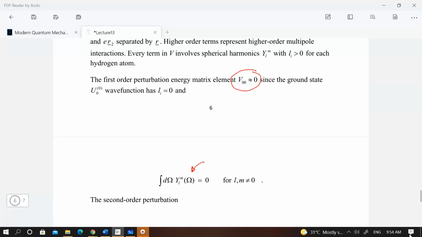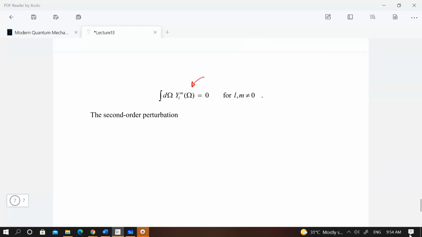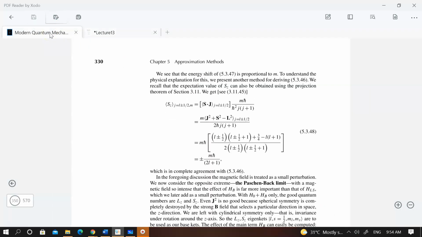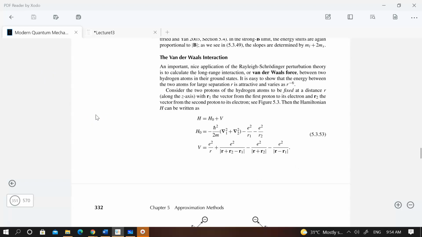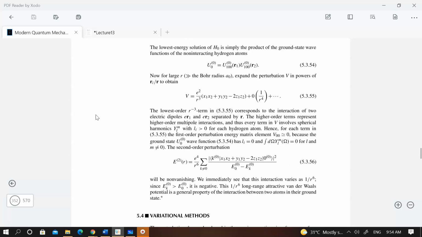Okay, for the L equals 0 case it gives you just a 0 expectation value. So one needs to go to the second order perturbation theory, and you can see that my notes are not finished here, so I'll just go to the book. I want to finish off this part of the chapter here. So one has in the end to go to the second order perturbation theory.